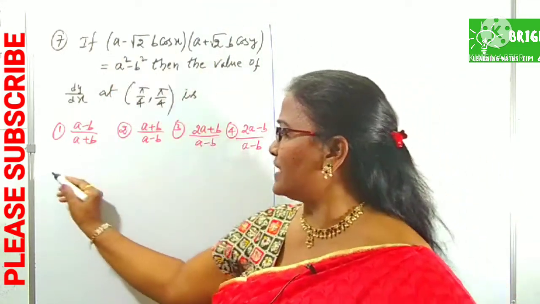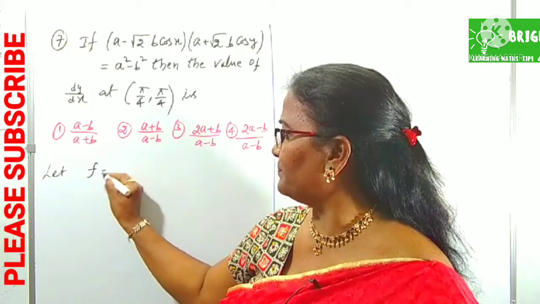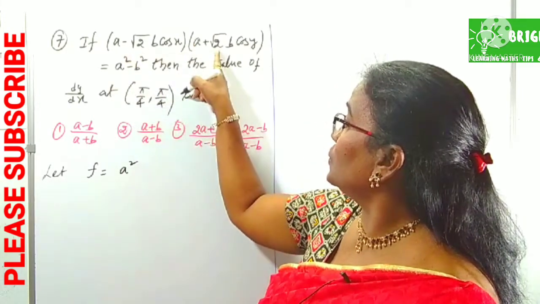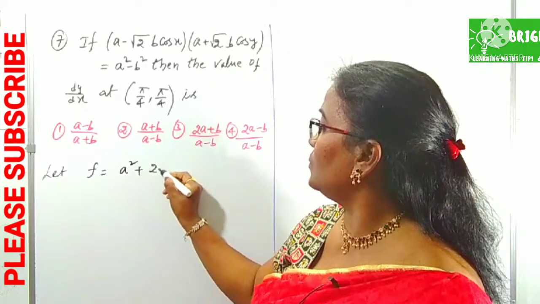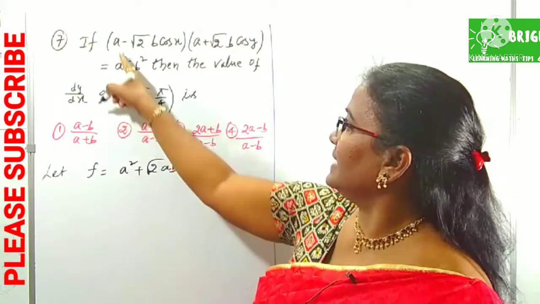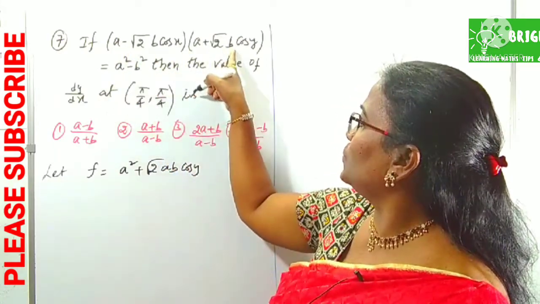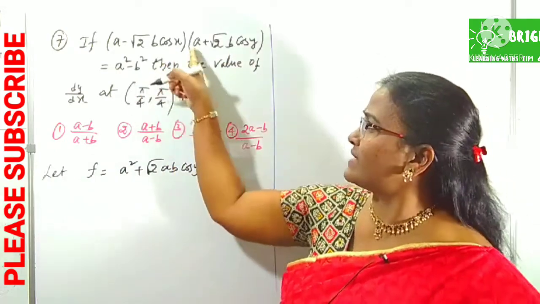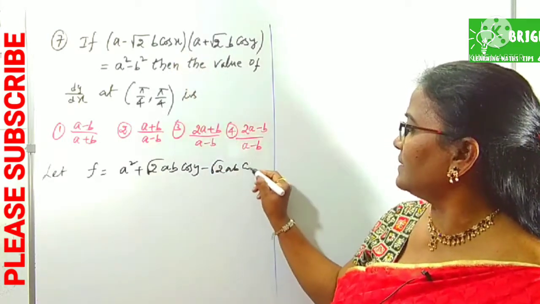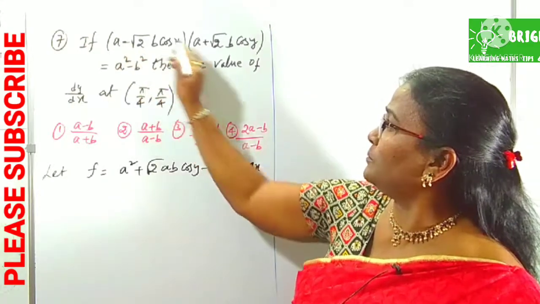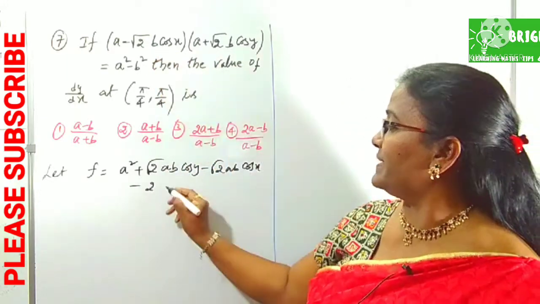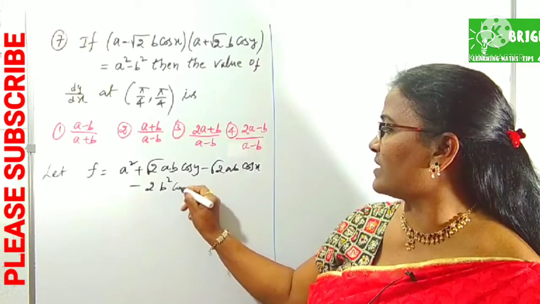First of all, I am writing this as a function f. Let f be equal to, expanding this, a into a square, a into root 2b cos y, with the next term minus root 2ab cos x, and with minus into plus, minus root 2 into root 2, which is minus 2b into b square cos x into cos y.